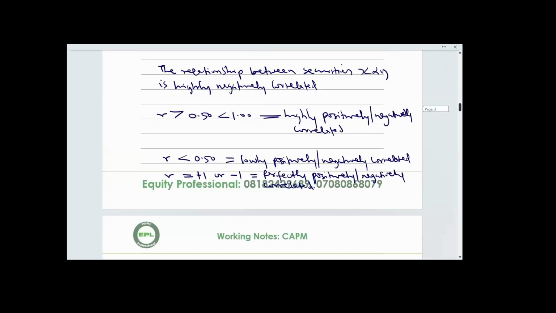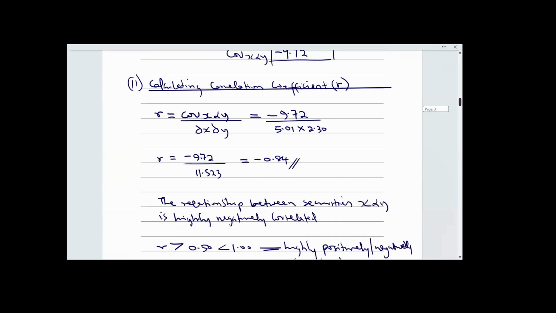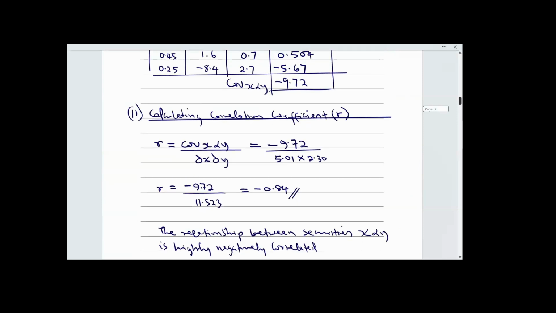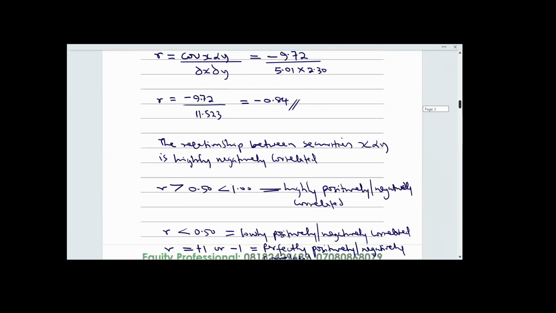Now, that's what the examiner asks you to calculate: covariance. We have determined our covariance to be minus 9.72. We also determined the correlation coefficient, and we got minus 0.84.